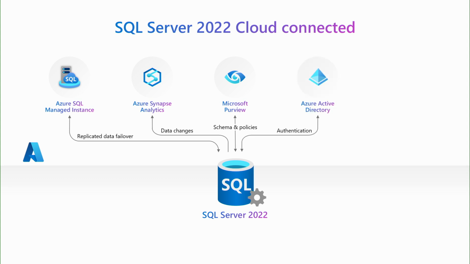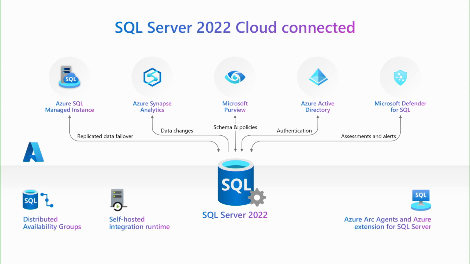Plus, you can authenticate with Azure Active Directory to provide things like multi-factor authentication. And Microsoft Defender can continuously scan your system for vulnerability assessments and alert you to security threats. All of this is built into the SQL Server engine and connected to these different Azure services. We also use other well-known software to make it happen, including the self-hosted integration runtime and Azure Arc agents.